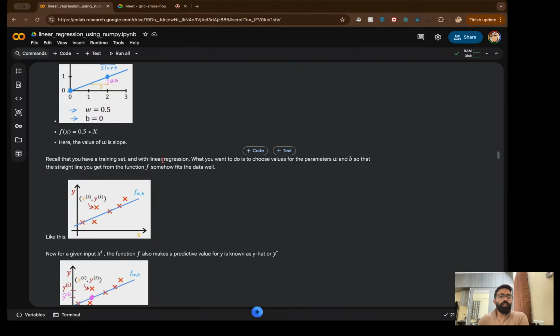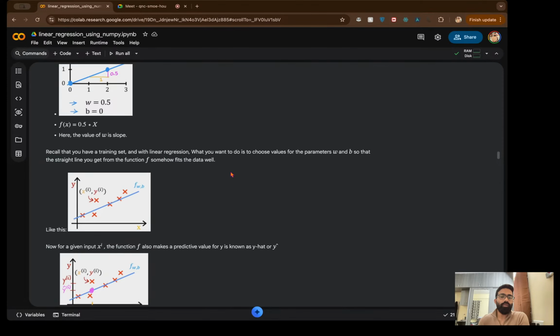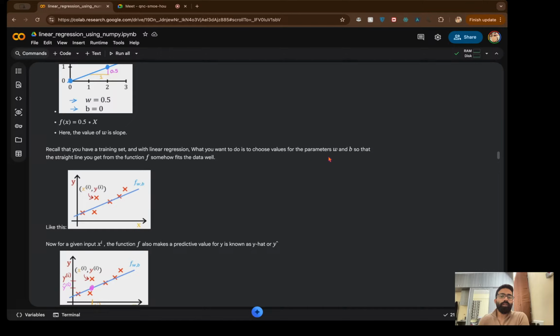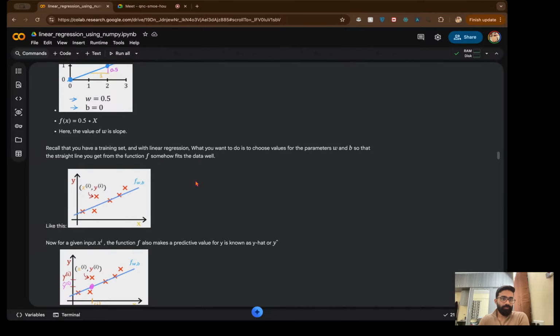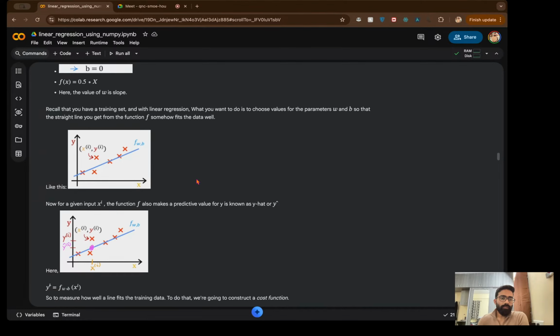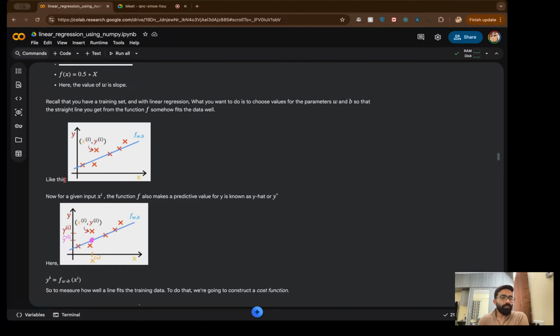Now recall that you have a training set, and with linear regression, what you want to do is to choose values for the parameters w and b, so that the straight line you get from the function f somehow fits the data well. For example, this is the training data set. These crosses are the data points, and this is my function fwb.